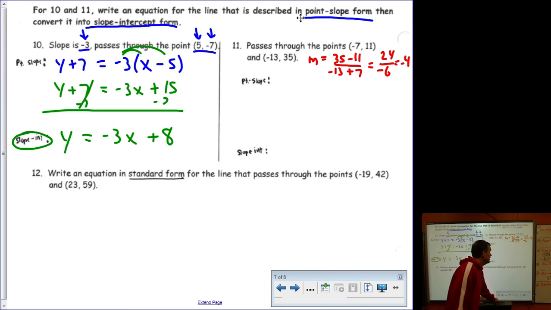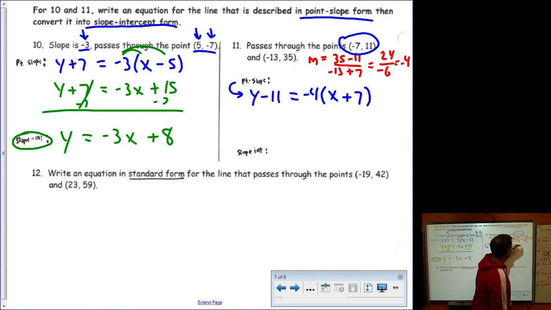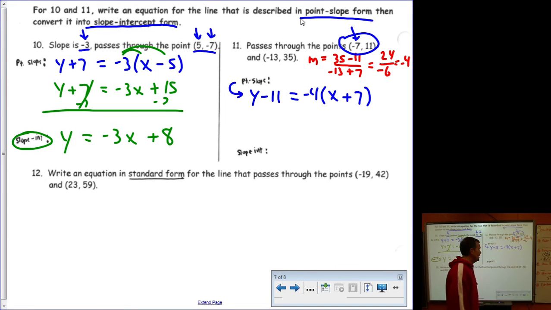All right, now I can write my equation in point-slope form, and I'm going to go ahead and use this point. So it'd be y minus 11, 11 being the y value from my point, equals negative 4 times x plus 7, 7 being the x value. There's my equation in point-slope form.